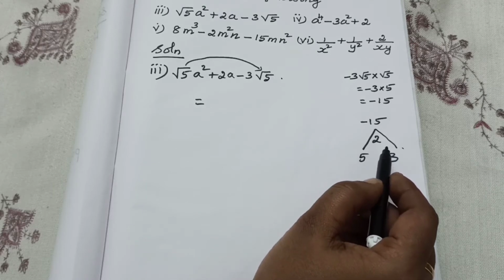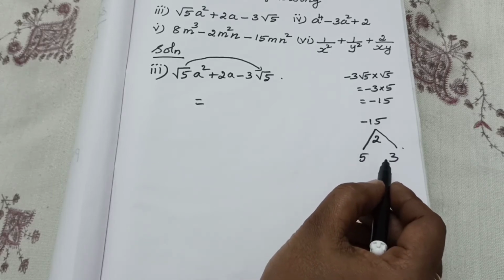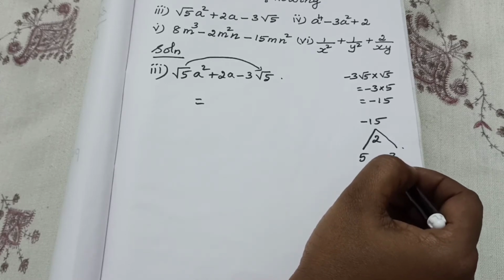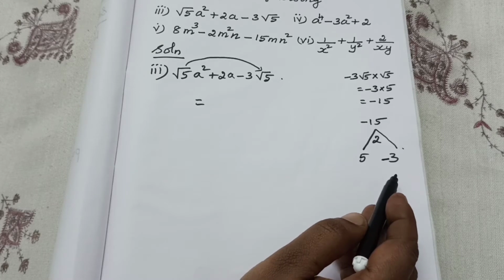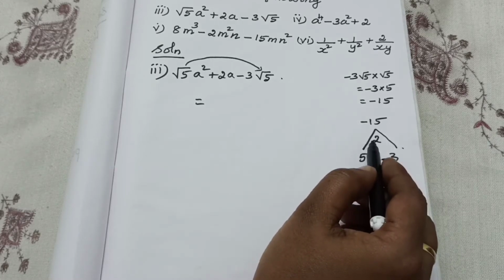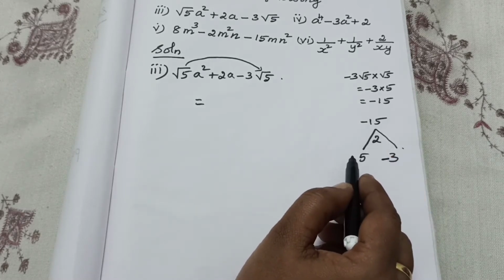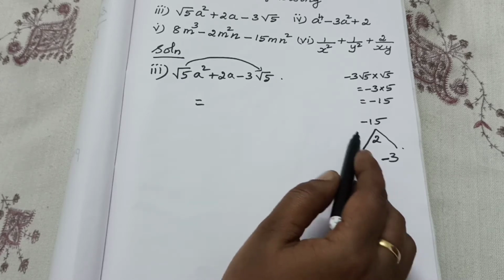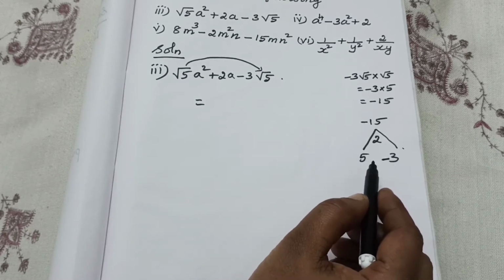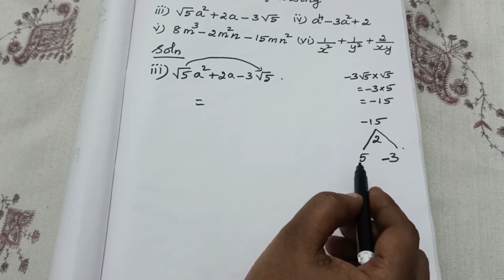So which number we have to take? A negative number, the smaller number we have to take as negative. Okay, minus we have to take. I mean, suppose the sum is minus, then the greater number we have to take as minus. Okay, don't confuse it. And then we have to split.